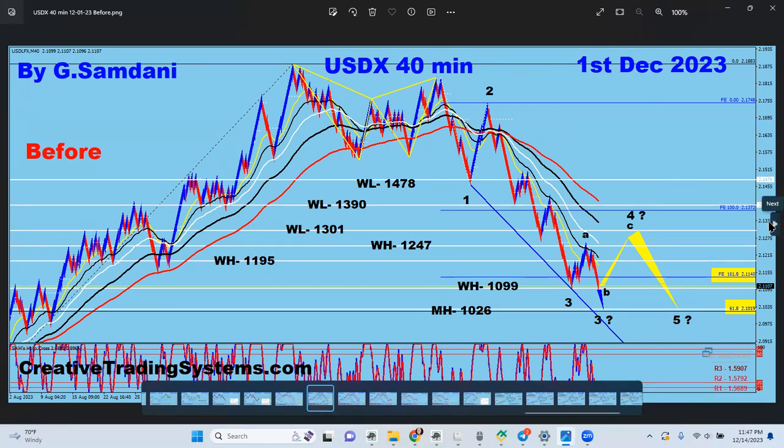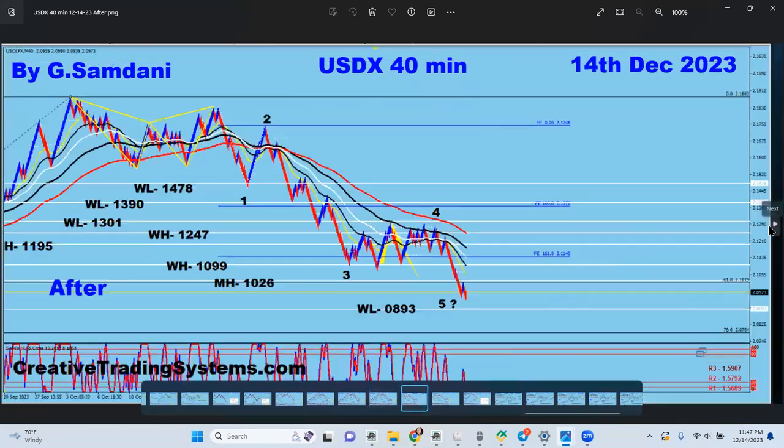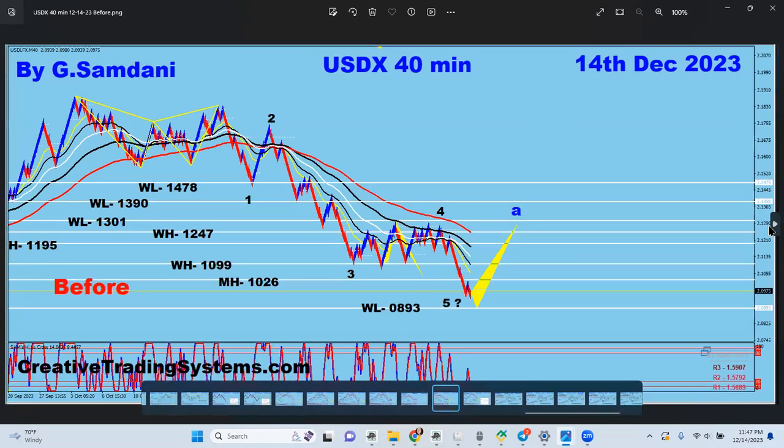So watch slowly what happened. It went up, down, up again. We finished wave 4 here, and then yesterday it was here, and today I recorded the chart here. It already hit this 0893 already, by the way. So I don't know if I have the chart. Okay, so now this is the chart I made that is gonna hit this.